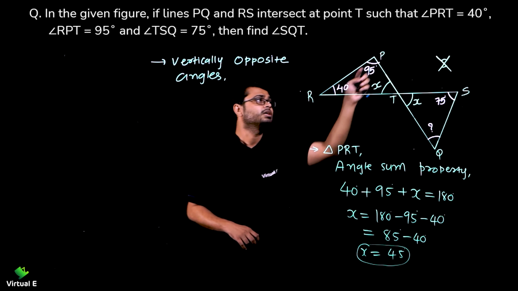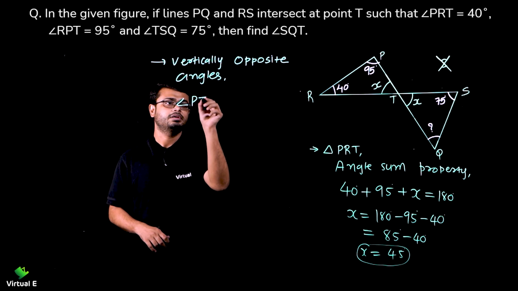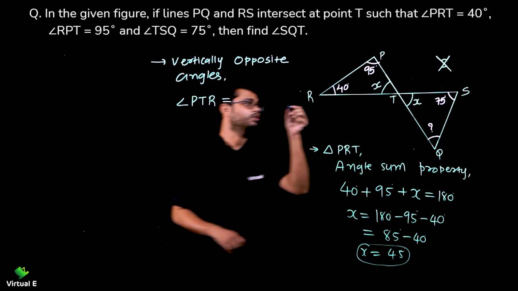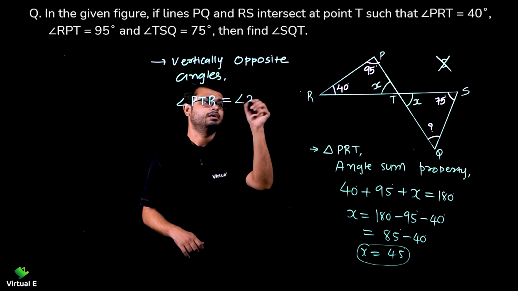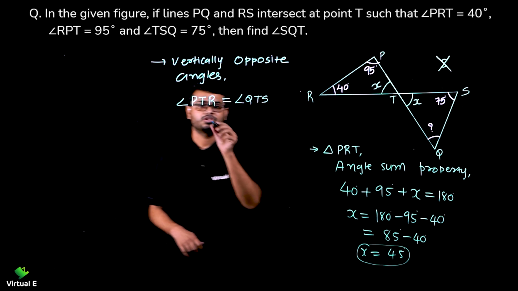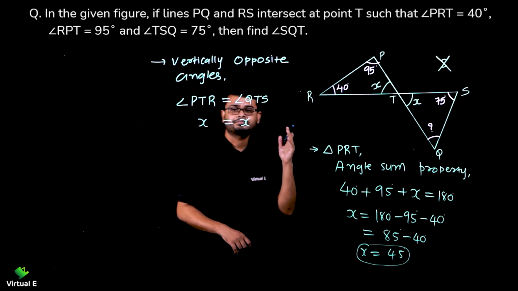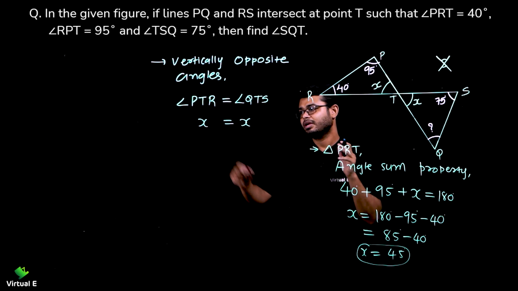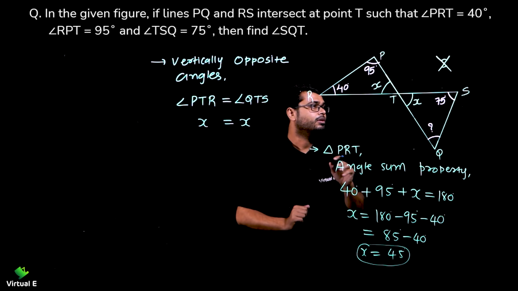Which are the two angles? Angle PTR is equal to angle QTS. So we can write x here and here also x, both of them as x, right? And if you don't write x is equal to x, that is also okay, nothing to worry about.